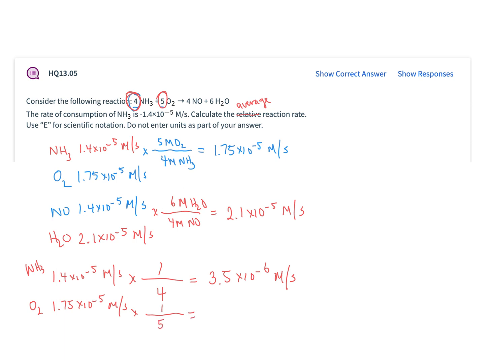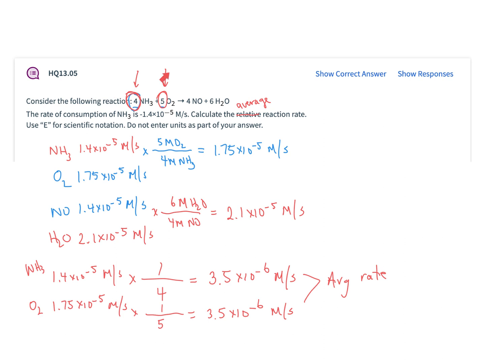I divide 1.75 by 5 and I get 3.5 times 10 to the minus 6 molar per second. So that's how we find the average reaction rate. If we know the relative reaction rate for anything in the reaction, we just divide by its coefficient to turn that into the average rate.